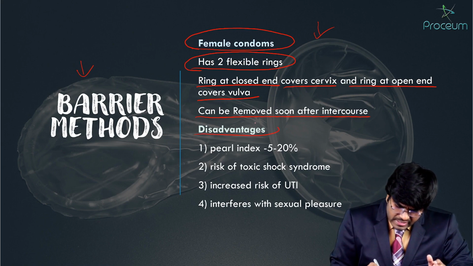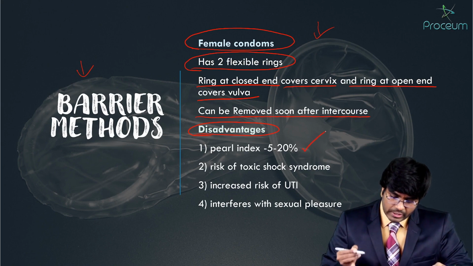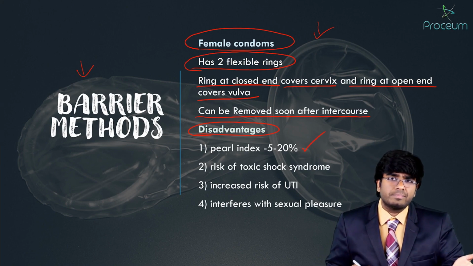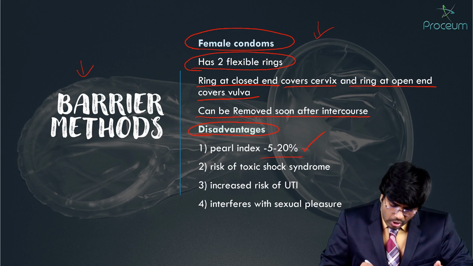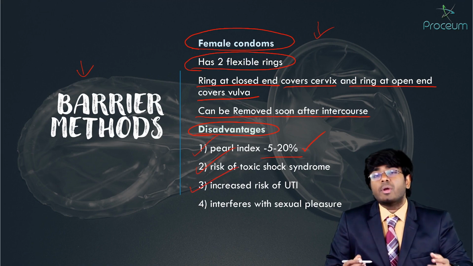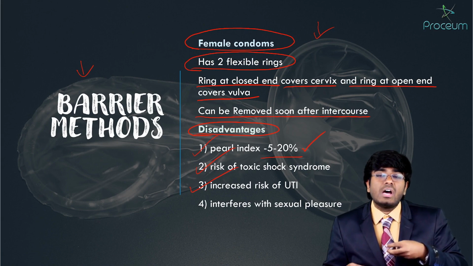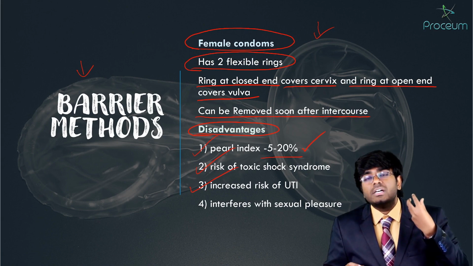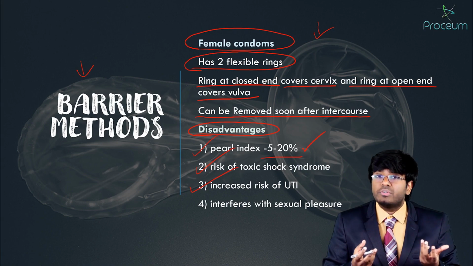What about the disadvantages, guys? Female condoms have a high failure rate. Male condoms is 2 to 14, but female condoms is 5 to 20. Now, there is risk of toxic shock syndrome and risk of urinary tract infection. Why? Because while she is trying to insert these condoms, she may take some bacteria from outside and lodge it in the urinary tract or in the vaginal reproductive tract, possible.